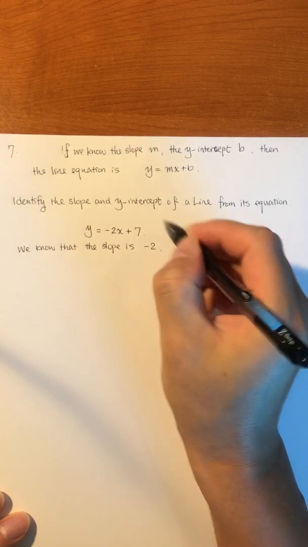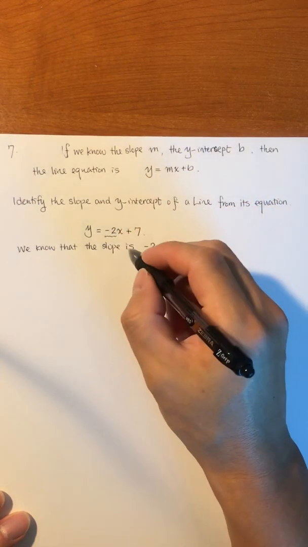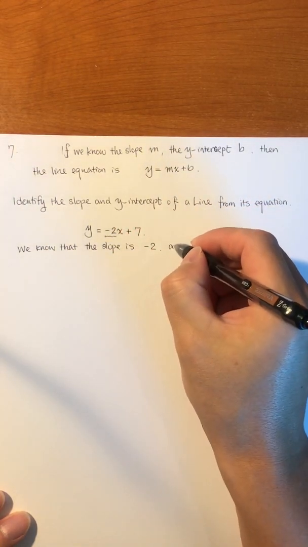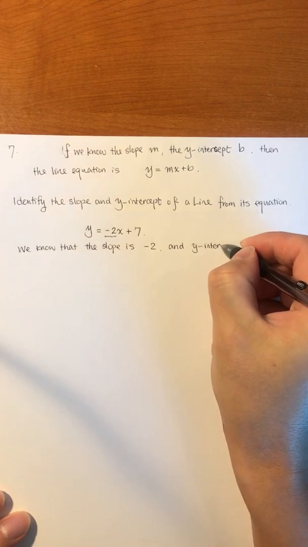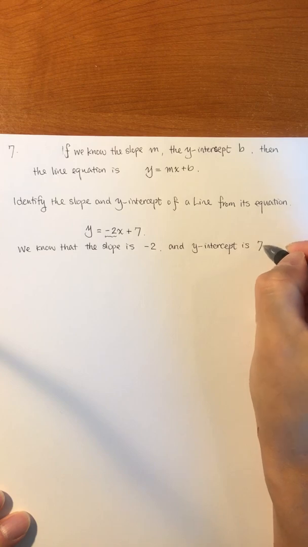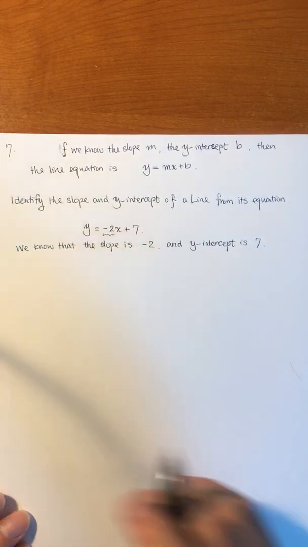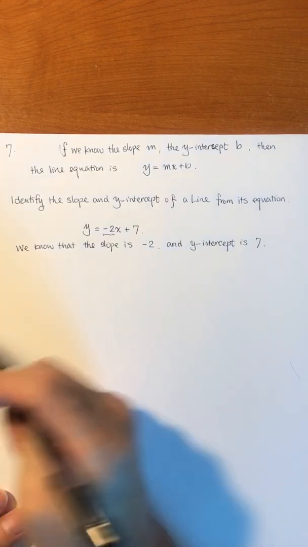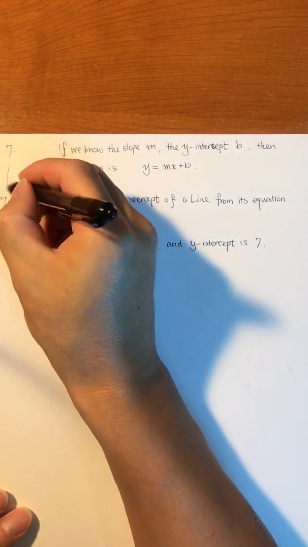Be careful here, you always include the sign if it has a negative sign. The slope is negative 2, and the y-intercept is 7. The y-intercept is a number, it is equal to 7. Alright, so that's the idea of the seventh section.